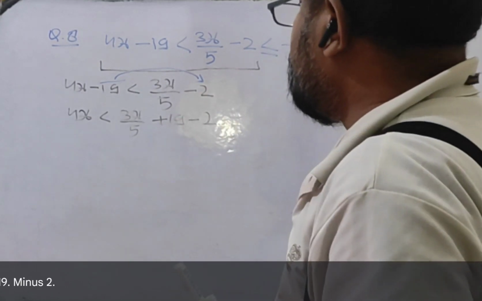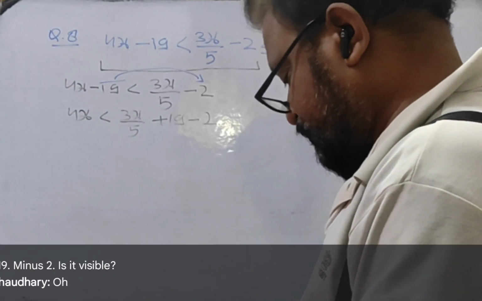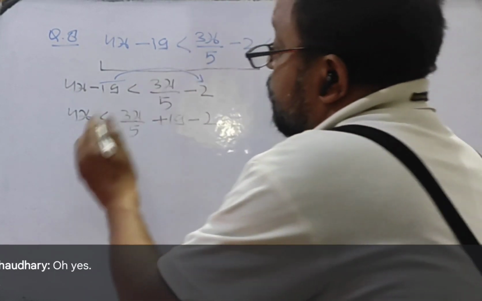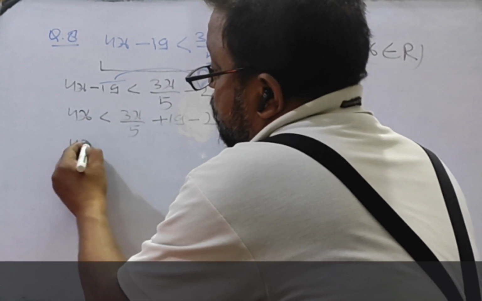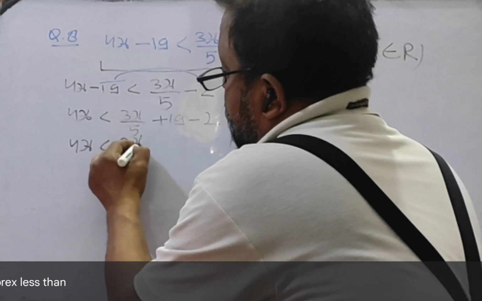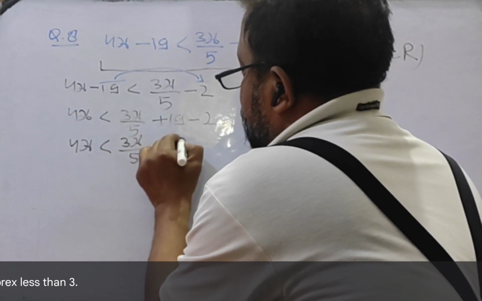Is it visible? Little bit. Okay. So 4x less than 3x upon 5 plus 17, right?